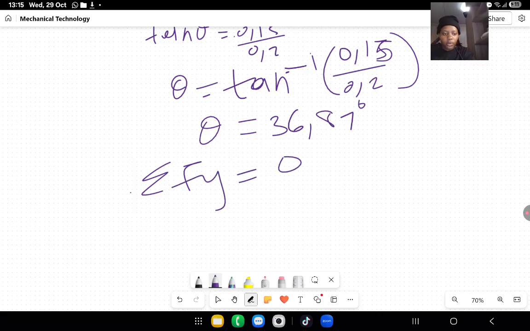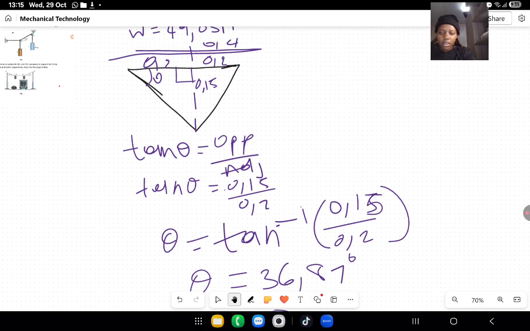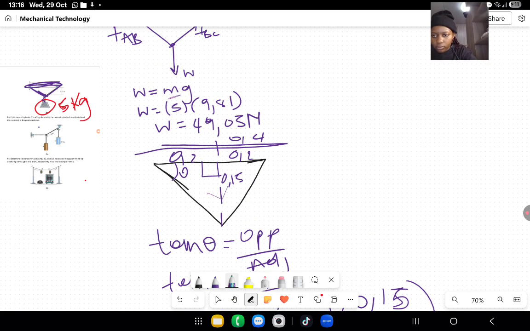Then we go to our diagram here and check our vertical components. Here it goes down, this goes down. We also have our weight going down, this weight.